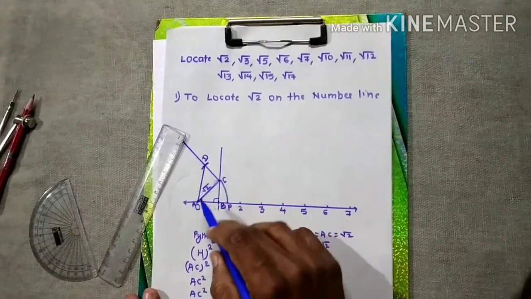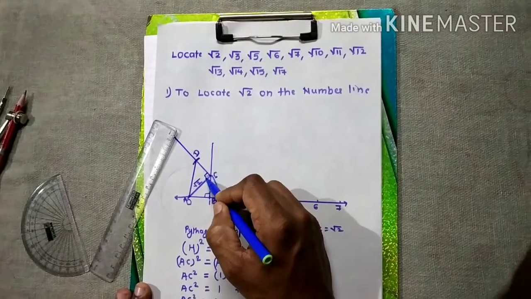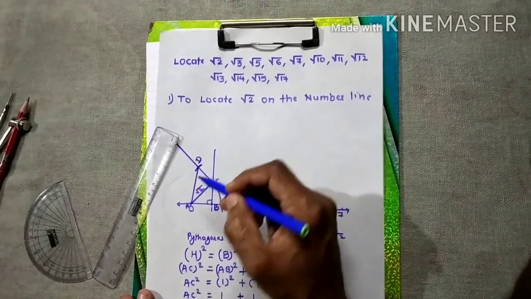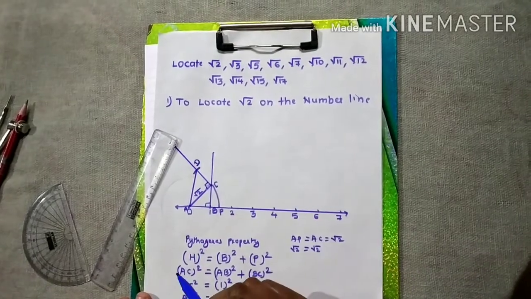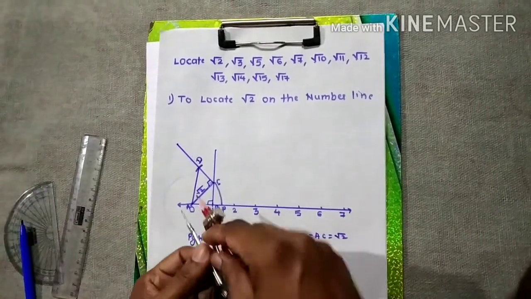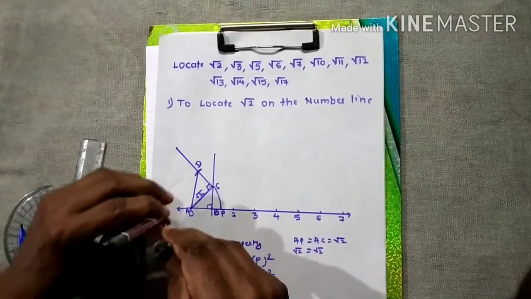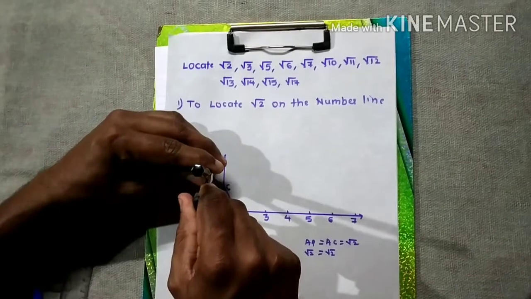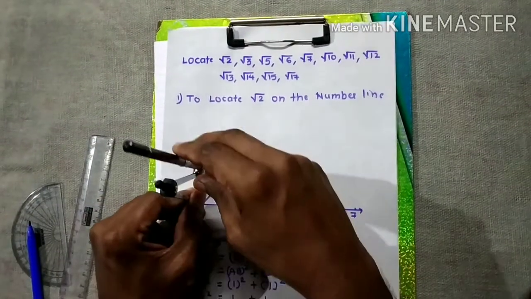So now in this right angle triangle, this is the base, this is the perpendicular, and this is the hypotenuse. Now let us take the distance of AD and draw one arc.